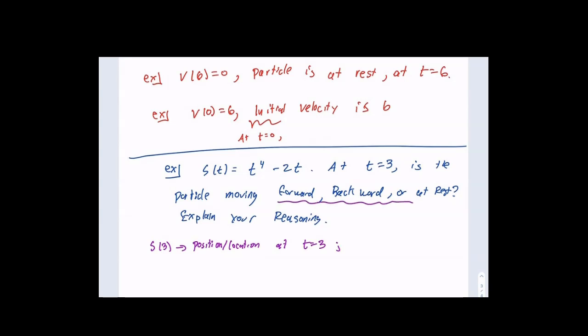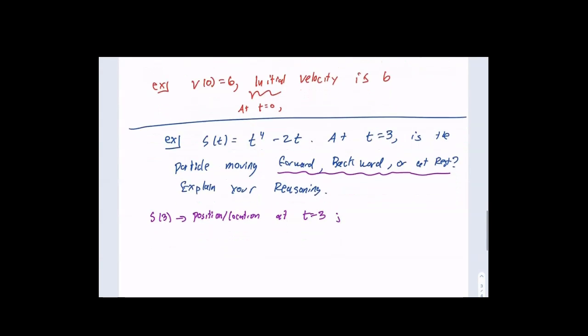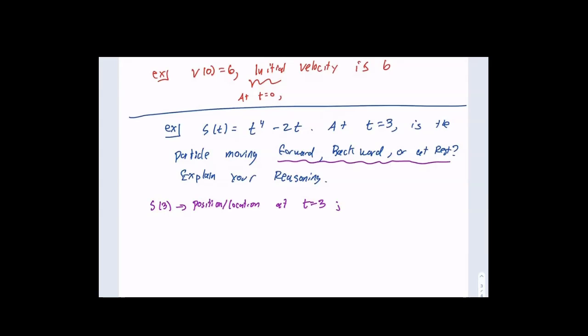Does that help me with forward, backward, or at rest? No, it's not. It does not. And it's good to know, because you might think that and switch it. Does not help for this question.